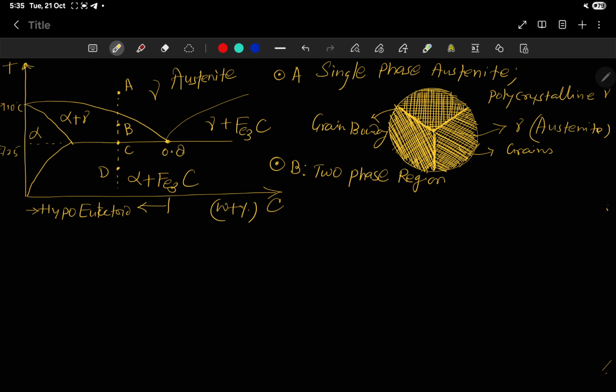Okay, now let's draw the microstructure for this. So first draw a circle and divide it in 3 equal parts.